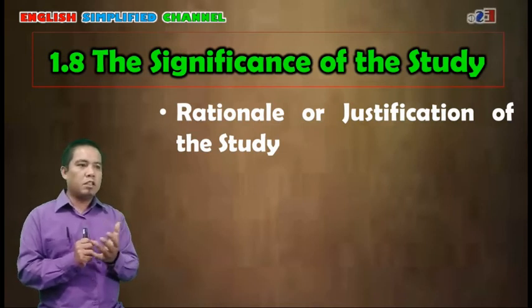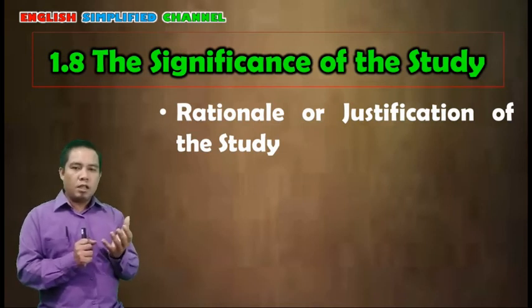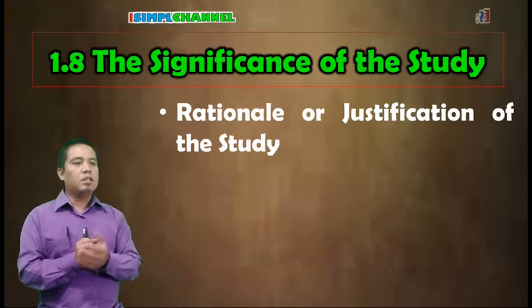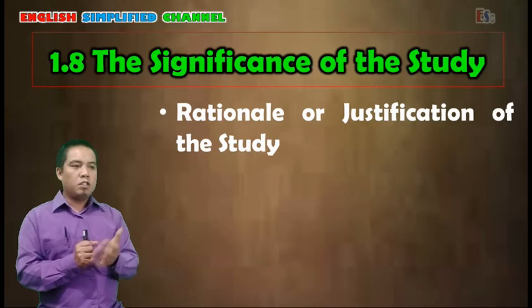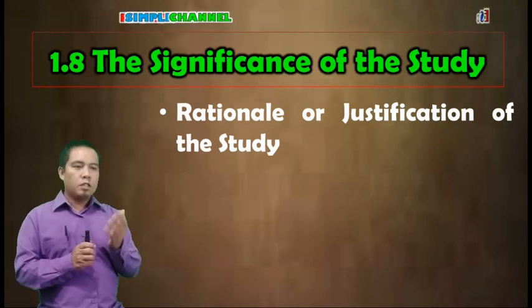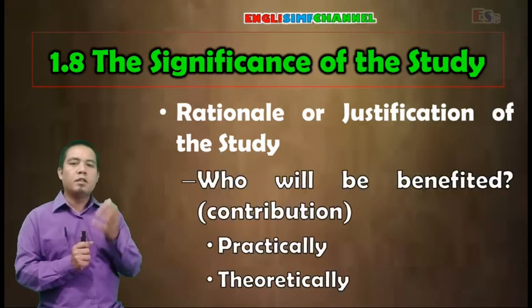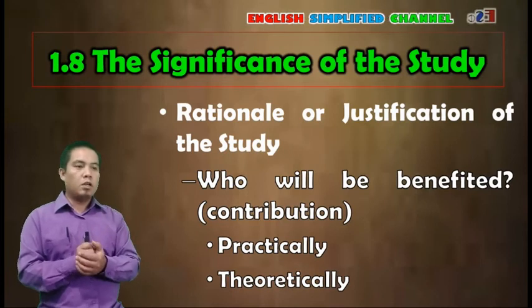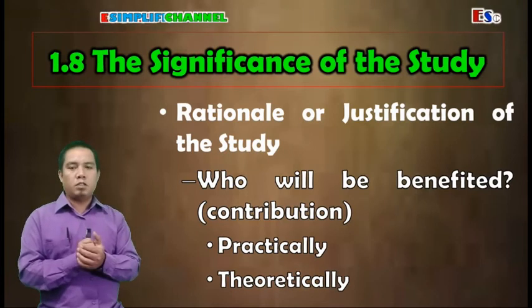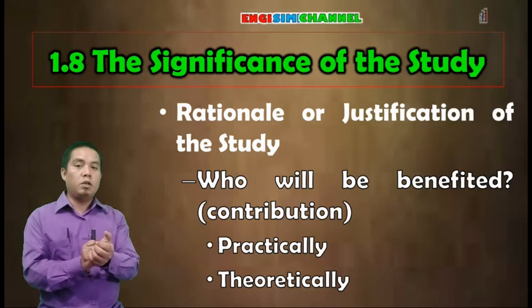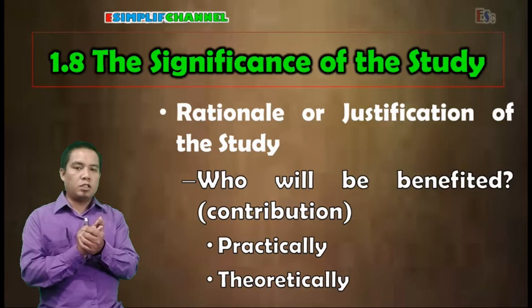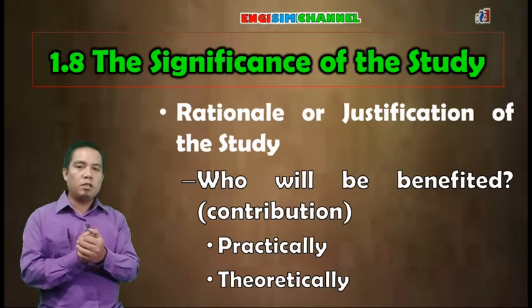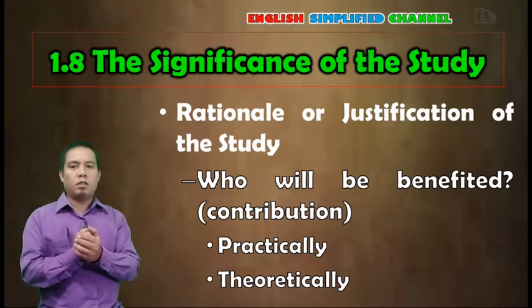1.8, the significance of the study. The other terms for this is also the rationale or justification of the study. Simply, what you write here is who will benefit or the contribution of your research. Normally there are two points, practically or theoretically.